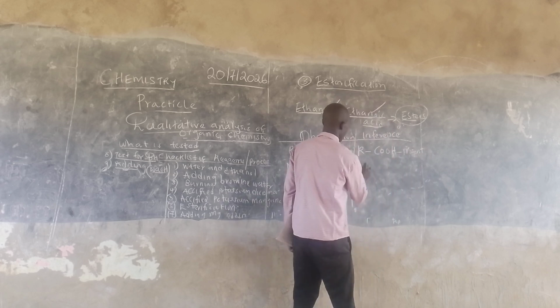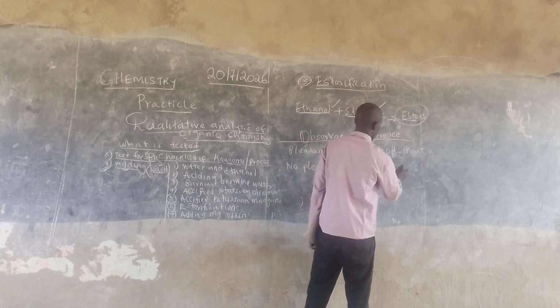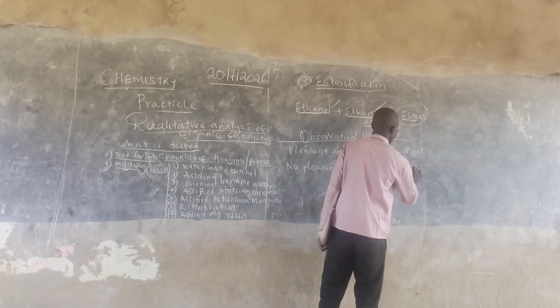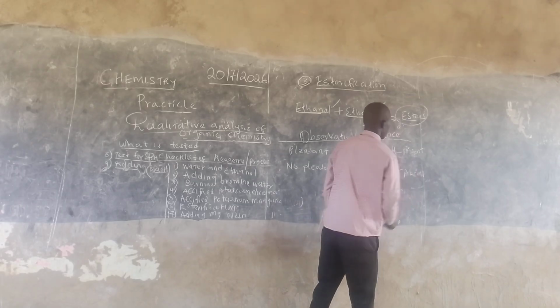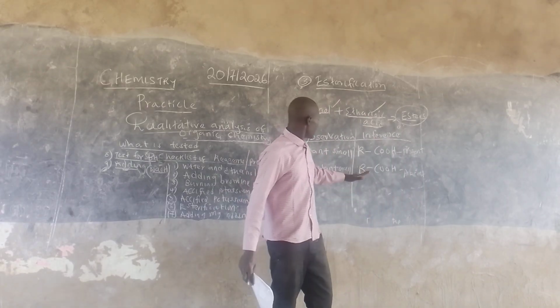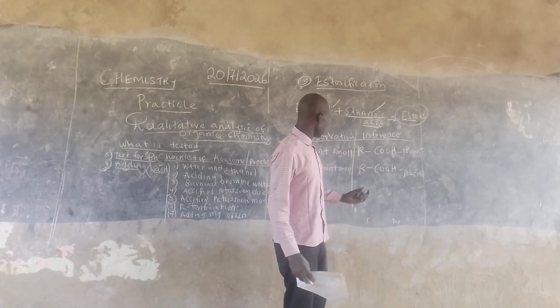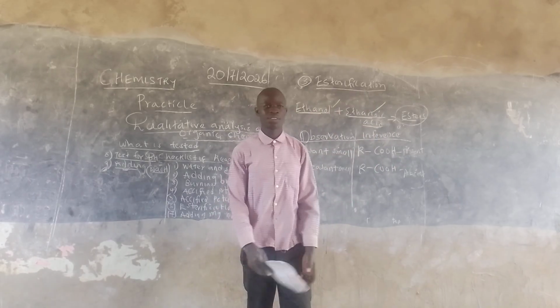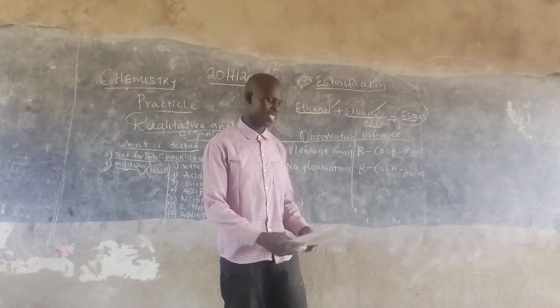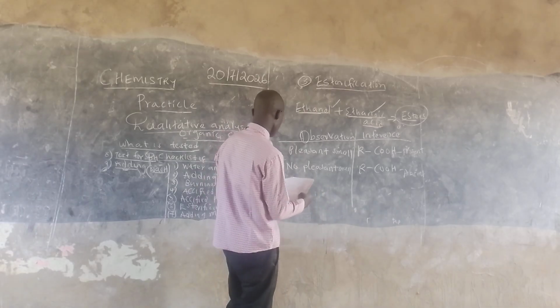Here we say it is absent. You don't say there is another thing that is present. If it is not there, you say absent. If it is there, you say present. That's how we answer practical questions.